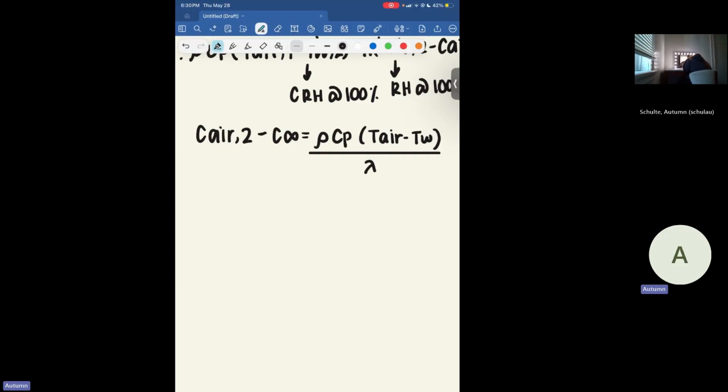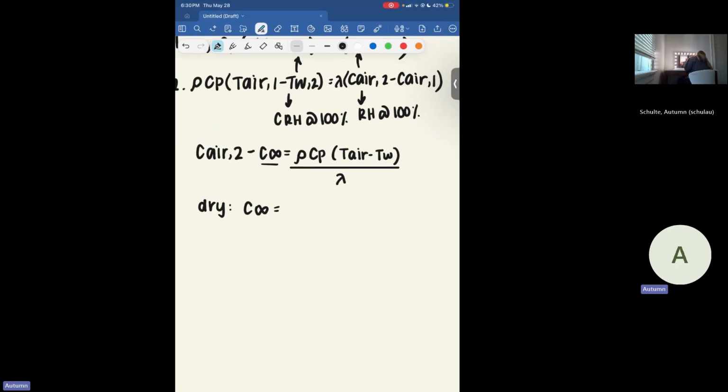So if we're looking at our dry, we're going to be solving for this C infinity term. So if we do that, that molar concentration is equal to the concentration of the air that is leaving that pipe minus the density times the heat capacity times the temperature of the air minus the temperature of the water divided by our enthalpy of vaporization.